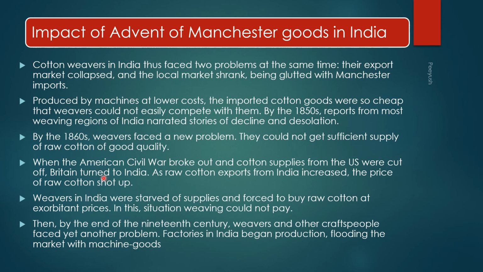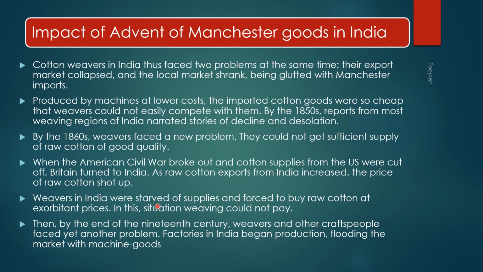So Britain was not getting the raw cotton which they wanted to produce cotton piece clothes, and hence Britain started getting the raw cotton from India. When Britain started getting raw cotton from India, the prices of raw cotton increased and the local weavers were unable to purchase good quality raw cotton, because the prices were extremely high.